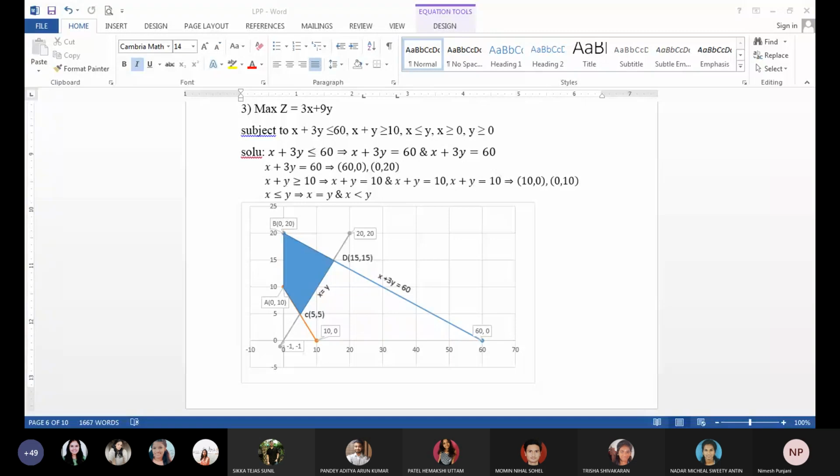Yes, one more confirmation. Or is it that out of the 60 students who are present, only these 4 are solving? The rest are watching a movie. Yes, Astalakshmi. Astalakshmi, did you get the answer? The feasible region. Yes.